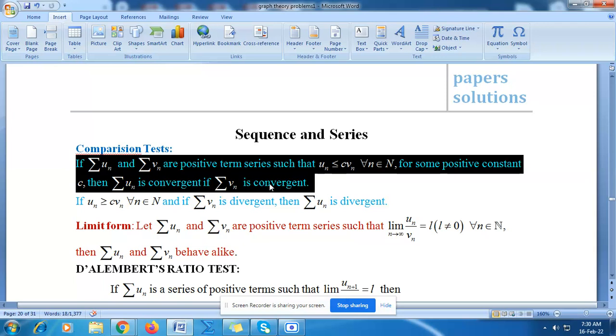We use this property. Sigma vn is convergent, so sigma un is convergent.